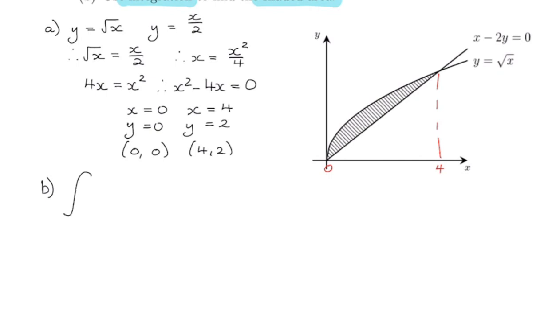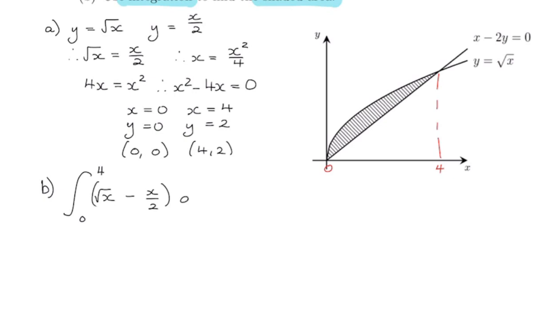So we're going to integrate between 0 and 4, because those are our two x values. Now we want whatever's on top of the area. On top of the area is y equals root x. And then we're going to take away the line, but it must be in the form y equals, so it's y equals x over 2.